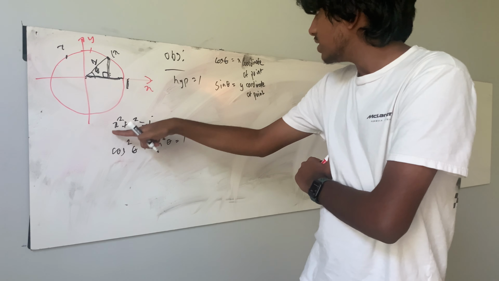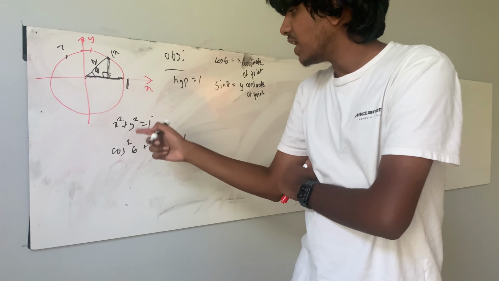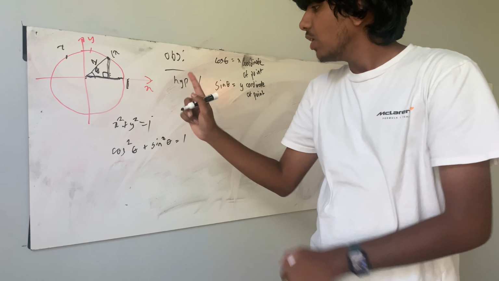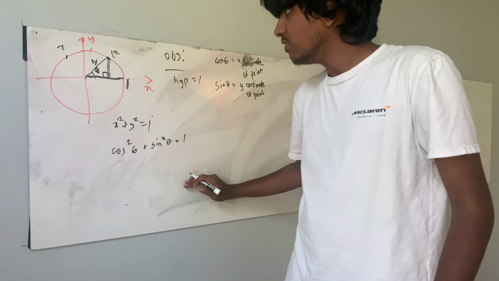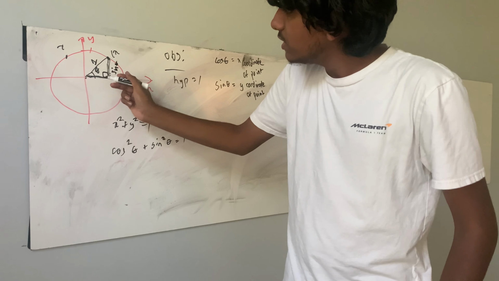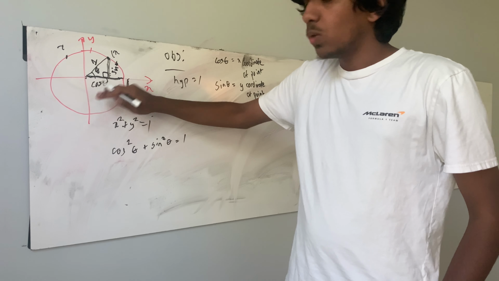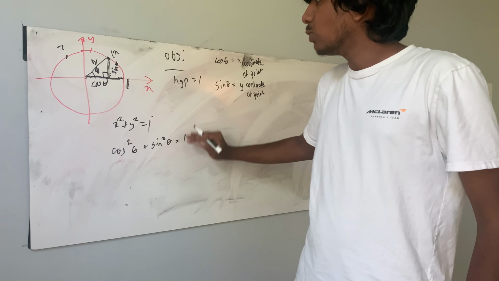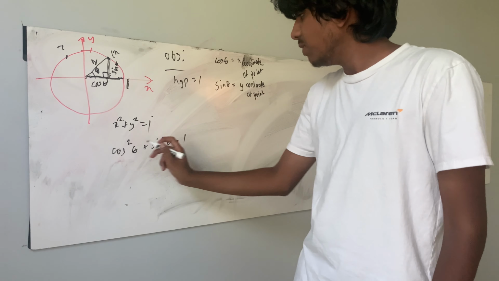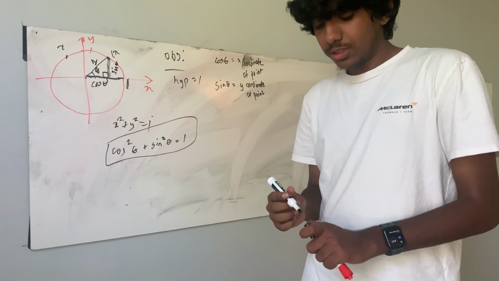A, I'm substituting this x for this, because this is the x coordinate for the entire circle, and the y coordinate for the entire circle. Also, this is just the Pythagorean theorem, because we know that this side is sine theta and this side is cosine theta. So we can square both sides, and that would equal 1 squared, which is just 1. So it's perfect. We have a new identity to use.